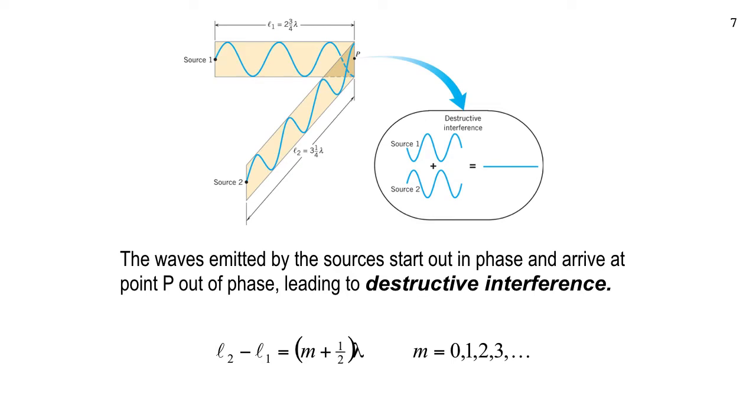And so what that means is, at point P, if source 1 gives you a peak, source 2 is giving you a trough. So if you're out in the ocean, you're sitting pretty. It looks like calm water, and everywhere around you is looking pretty rough.